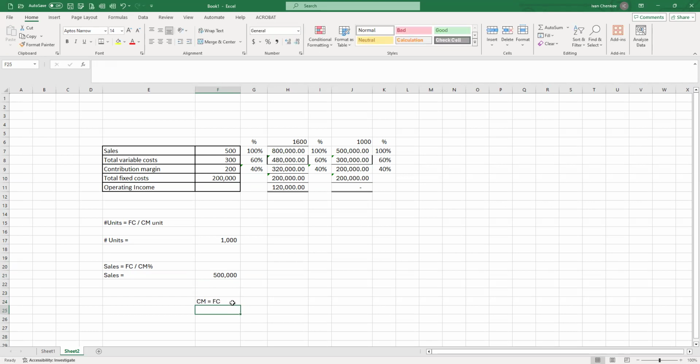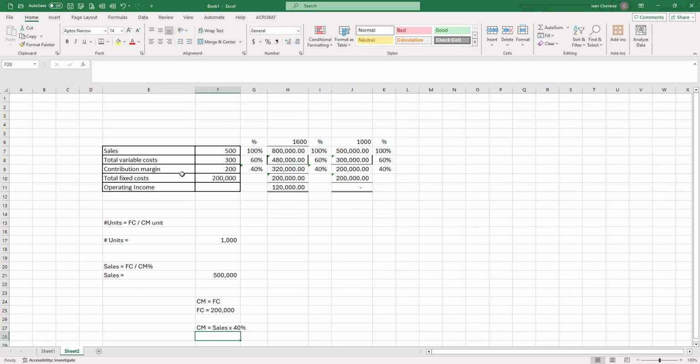Well, the fixed cost is $200,000. How much should my contribution margin be in order to cover the fixed cost? $200,000. But I have to generate it now, and the contribution margin is equal to the sales times 40%.